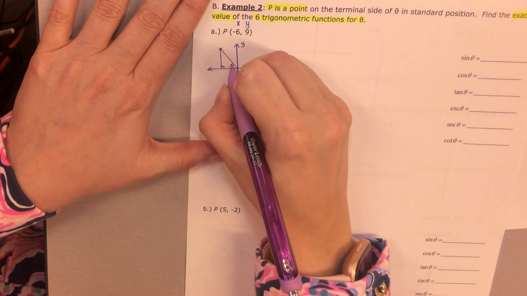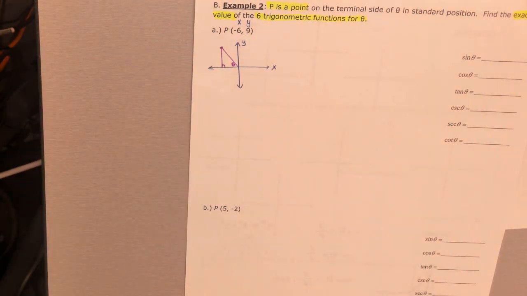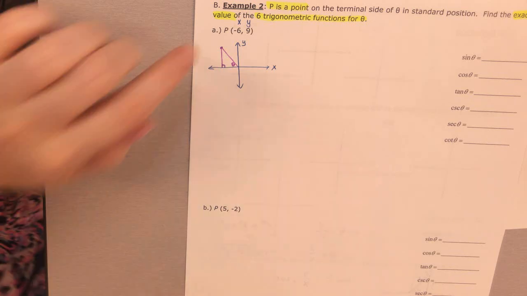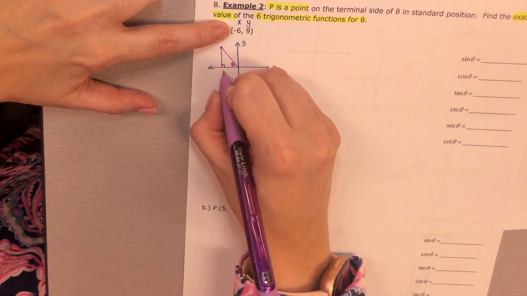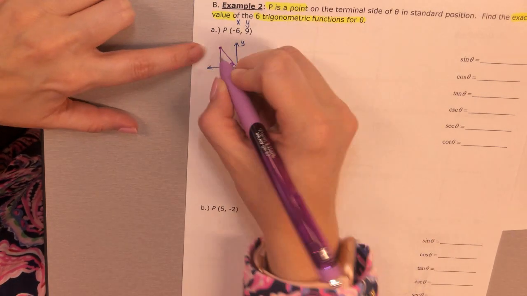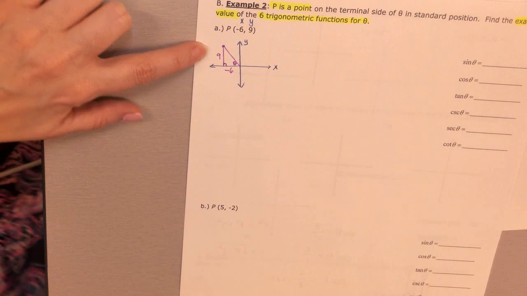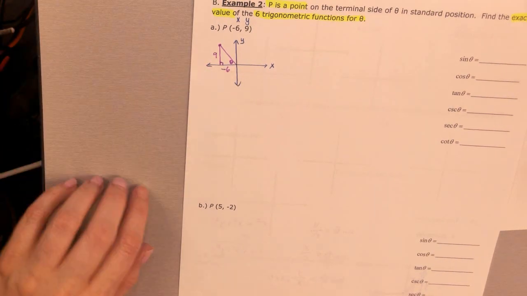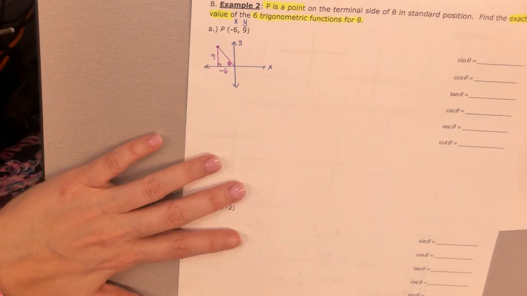Okay, this is your theta value, that is your reference angle, and then what you're going to label is the X, which was -6, and the Y, which is right here, which goes right here. Okay, so you have your X and your Y. Okay? Do you guys know what we're going to do first?